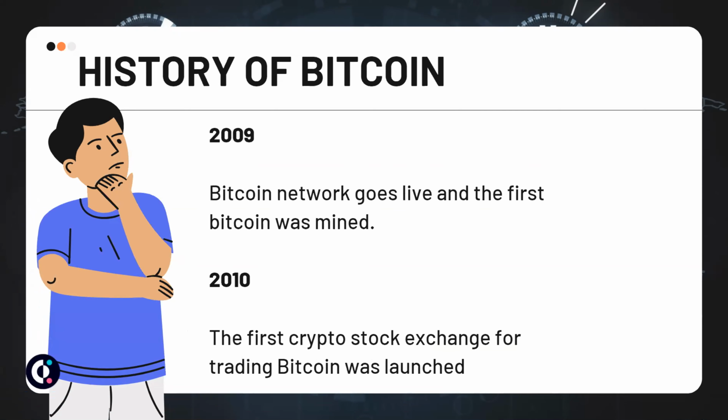Then in 2010, the first crypto exchange for trading Bitcoin was launched. We're still going to talk about trading later. Basically, we're not telling you what to trade. Nobody's going to do that. We're just going to give you a few ideas on what you can do with Bitcoin. Thank you. Next slide.